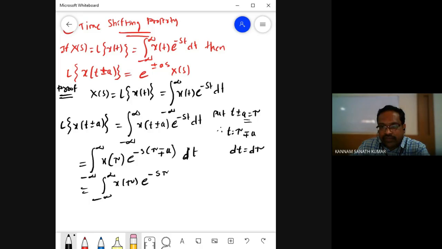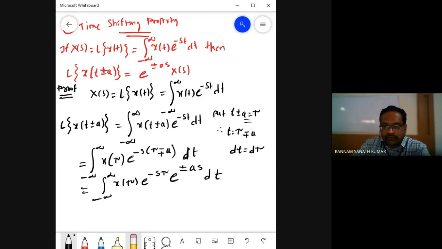So that means this is e power minus s tau, into e power minus of minus, which becomes e power plus or minus as, into d tau, not dt, d tau.